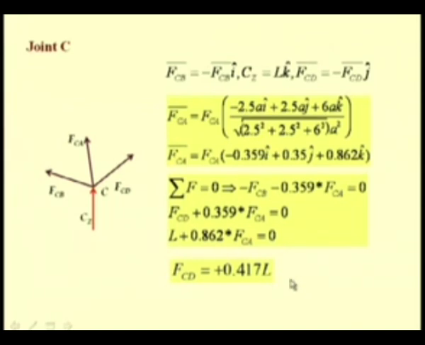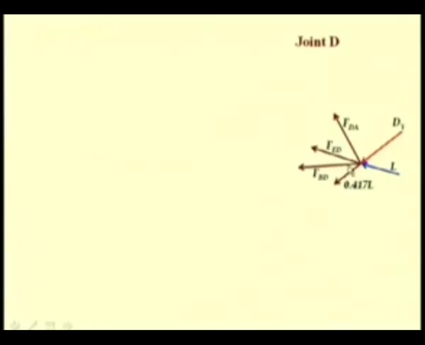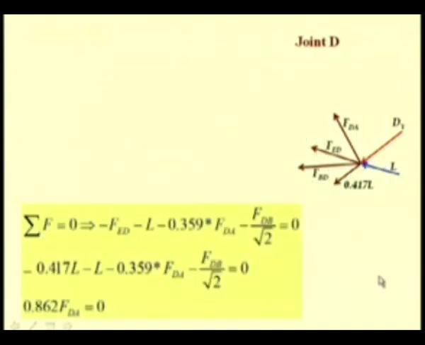Now that we have determined this force, we can move to this joint D. The various forces, both internal as well as the external reaction and the externally applied load, are shown in this picture. The direction cosines of various forces can be obtained from the geometry of the truss, and we have already determined the magnitude of this force in member CD, and so we have 3 unknowns, that is the force in BD, force in the element ED and force in the member DA to be determined, and these can be determined from the force summation equation.